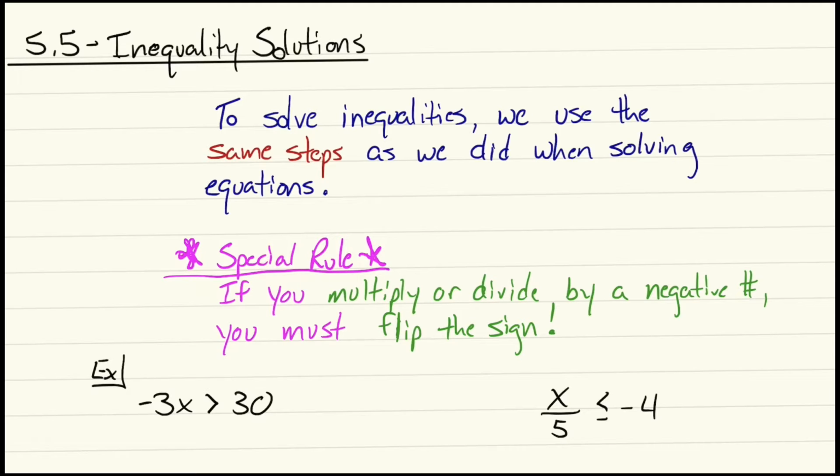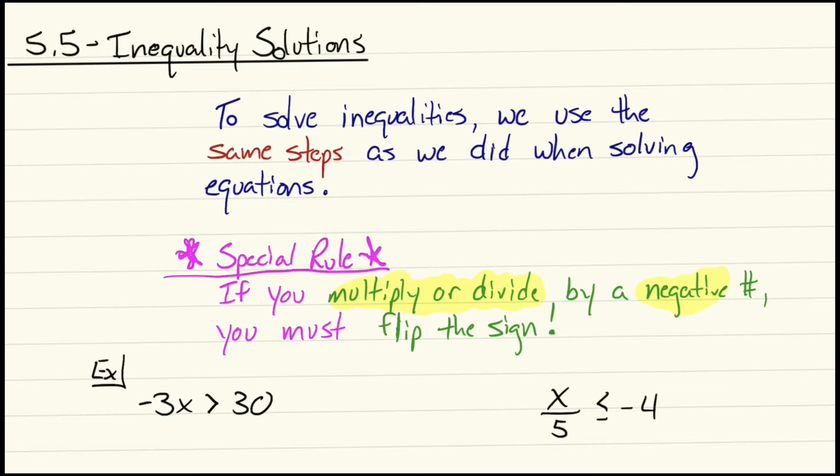And that special rule is written in pink, and it says if you multiply or divide by a negative, we have to flip the sign around. As soon as we multiply or divide by a negative, the sign has to flip. And if we can remember that, we can solve the equation.